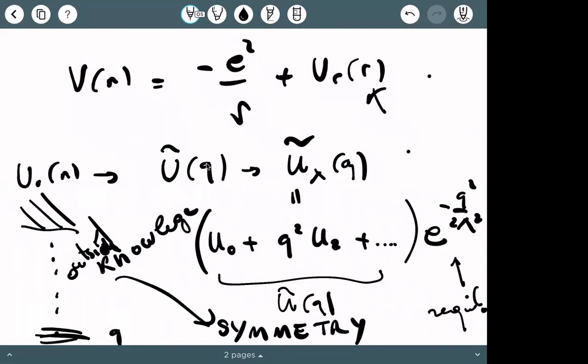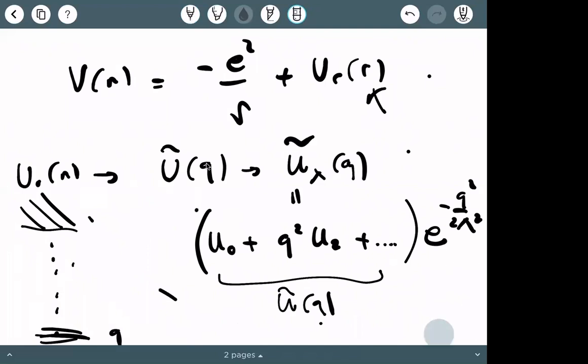I'm not waving my hand and building a model based on physical intuition now. I'm doing things systematically. I'm regularizing here. I can choose any regulator because this is simply to exclude large momentum physics.